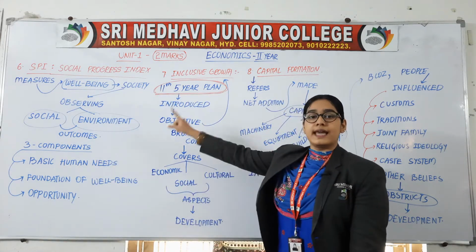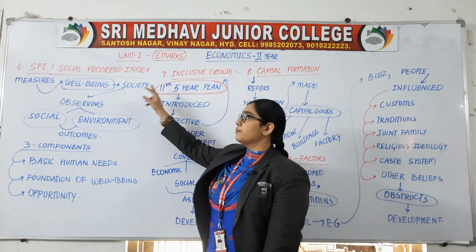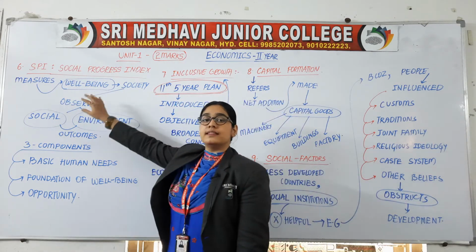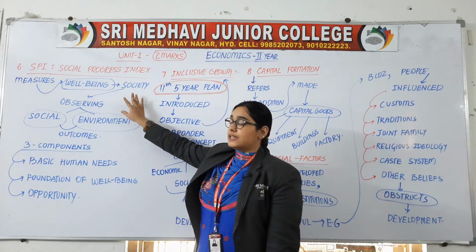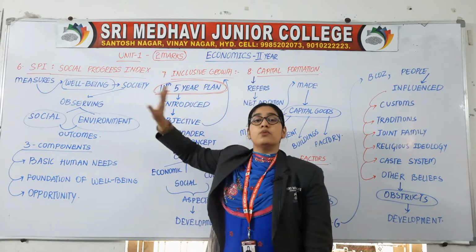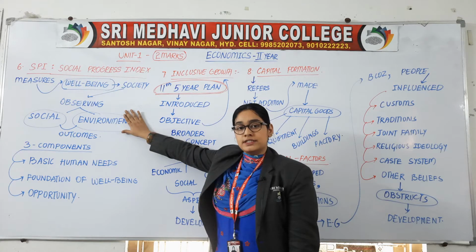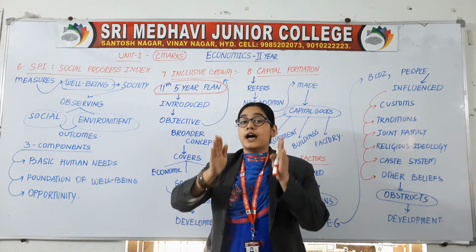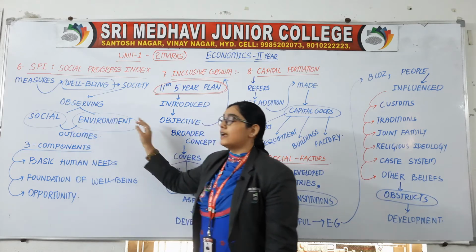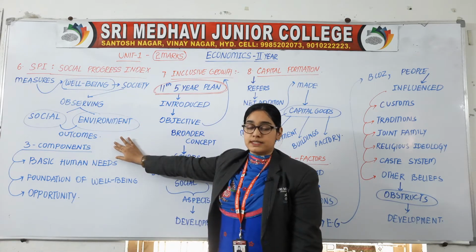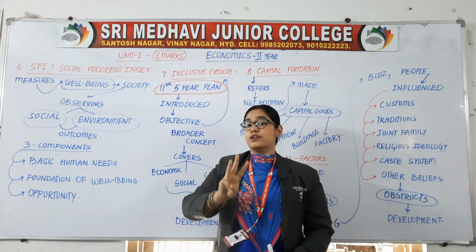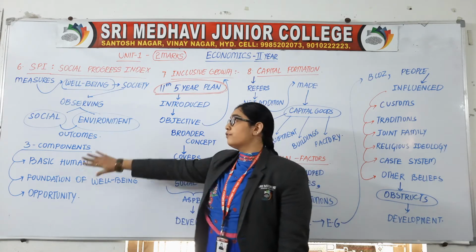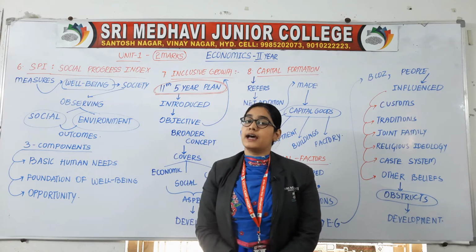6th one was SPI, Social Progress Index. Let us recall it. It measures the well-being of a society by observing social and environmental outcomes. There are 3 components for measuring SPI.